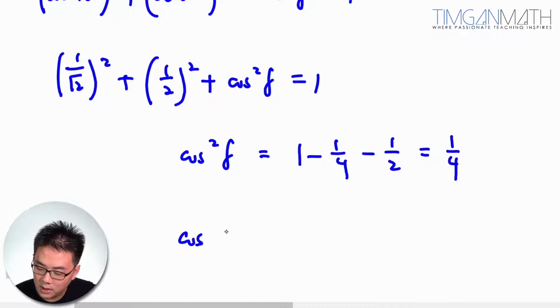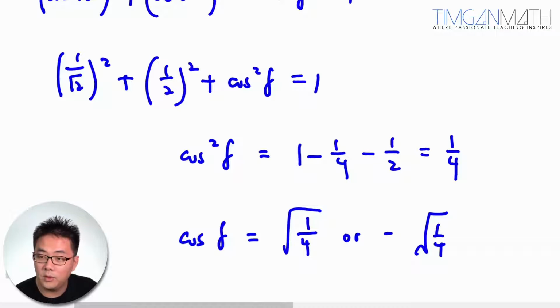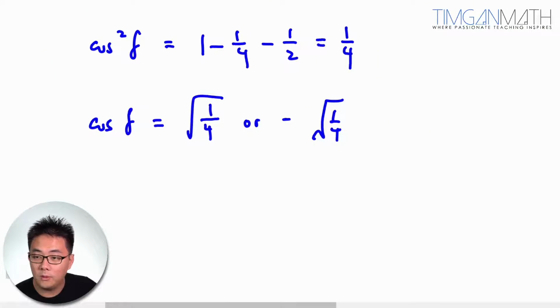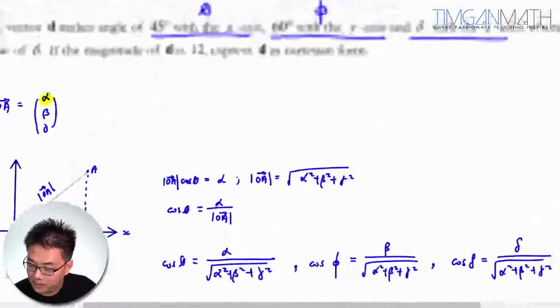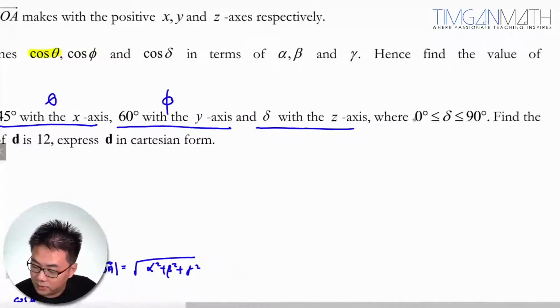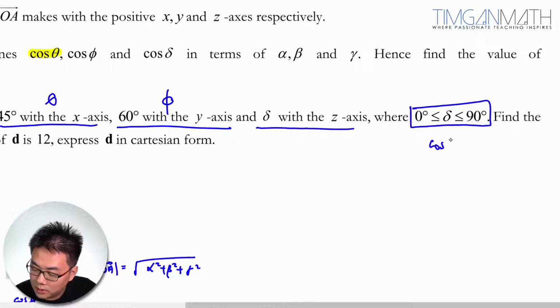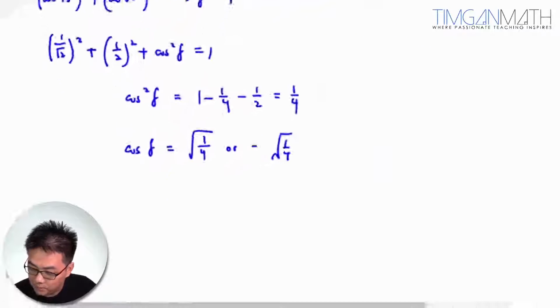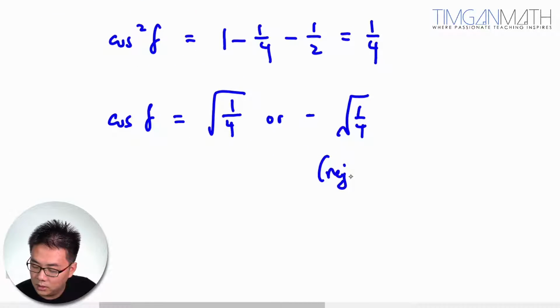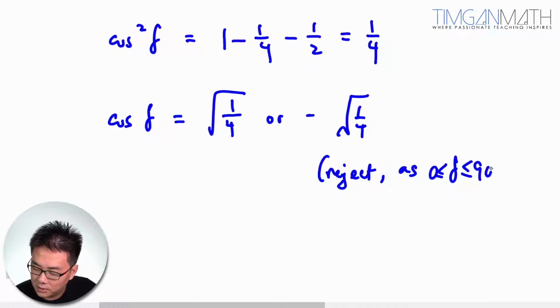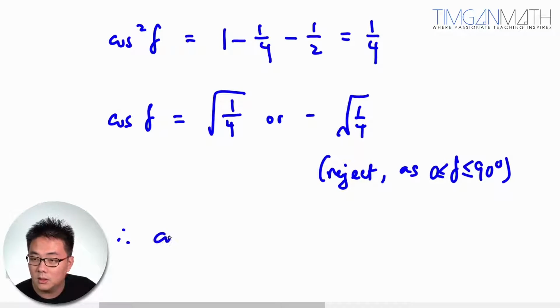So cosine sigma would be 1 over root 4 or negative 1 over root 4, but you reject the negative 1 over root 4 because this is in the first quadrant. Cos sigma is positive. Hence cosine sigma is equal to half.